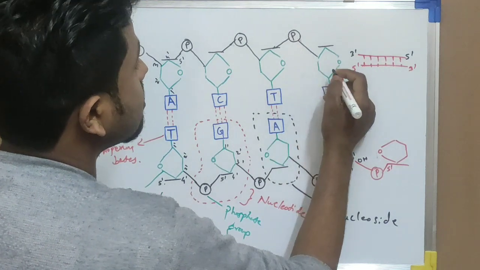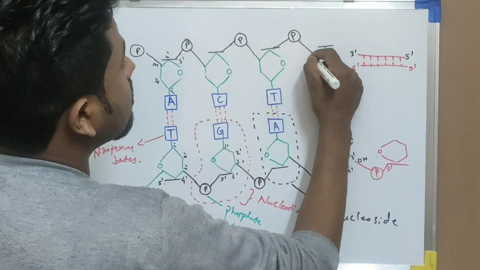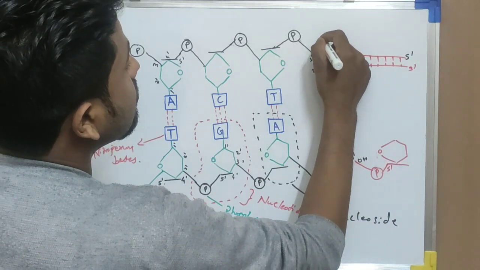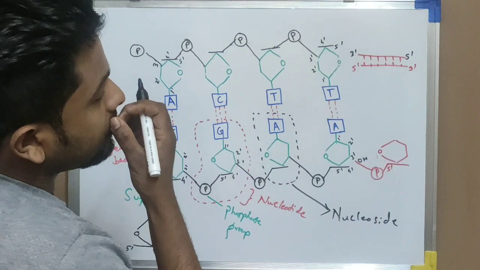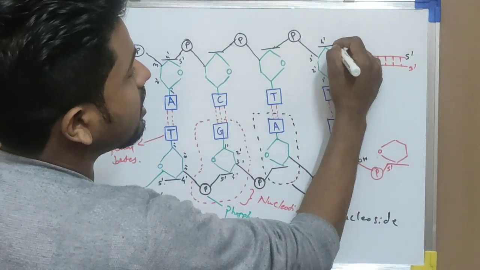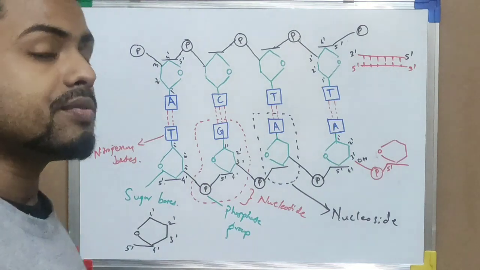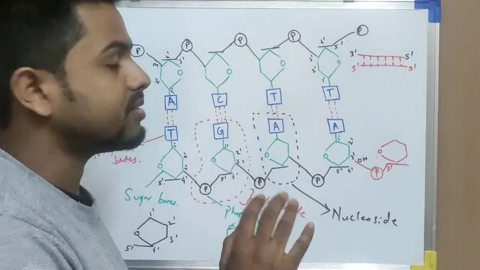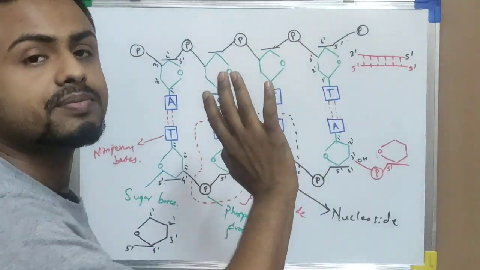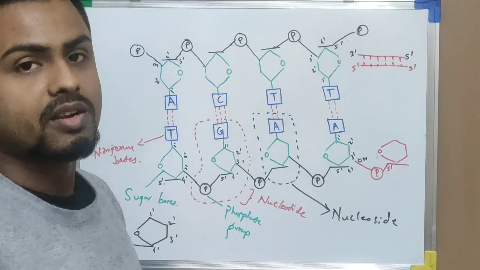And even here, if you consider this to be 1 prime, it will be 2 prime, 3 prime, 4 prime, and this is the 5 prime. So this 5 prime is free and it will get attached with a phosphate group out here. But we know that in DNA the synthesis always occurs at the 3 prime end, not at the 5 prime end. Okay, so this is what is meant by the 3 prime and 5 prime end of DNA.